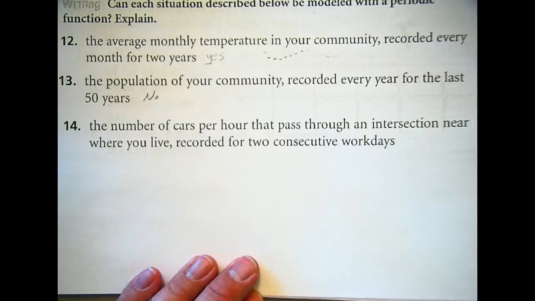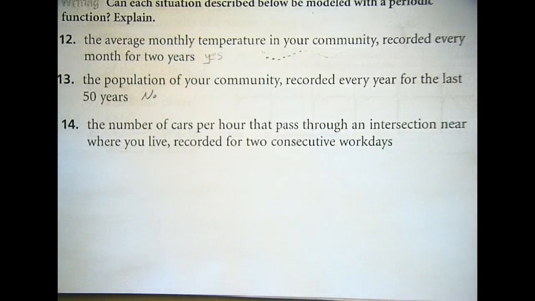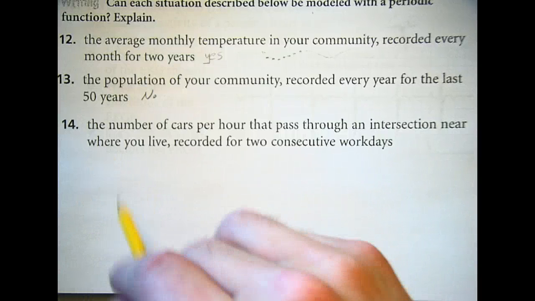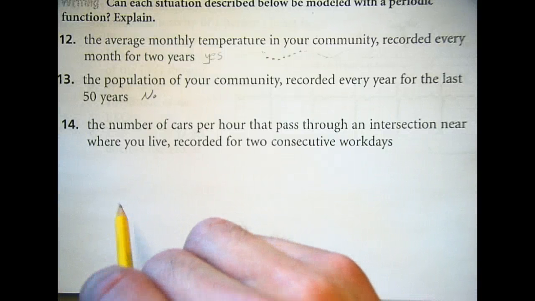Number 14, the number of cars per hour that pass through an intersection near where you live. Actually, let's think of this intersection right out here by Cap, the main intersection coming in. If you think of a work day or a school day, at 7 in the morning, every day, is that intersection heavily traveled? Yes, very heavily. How about right now?